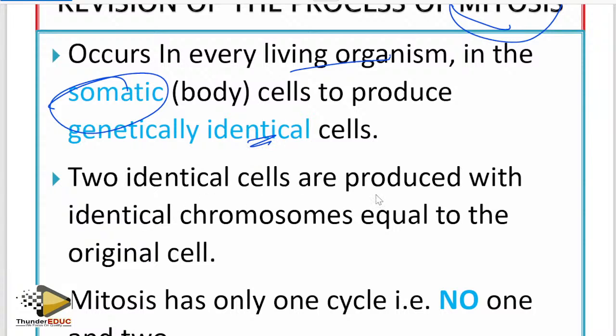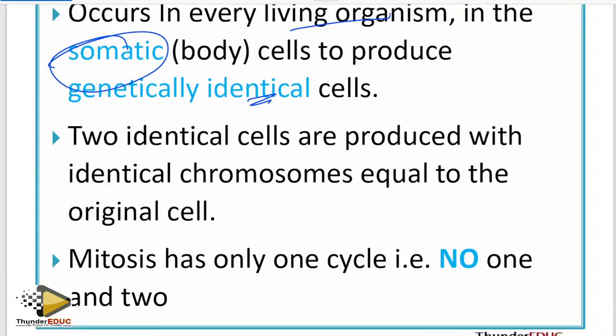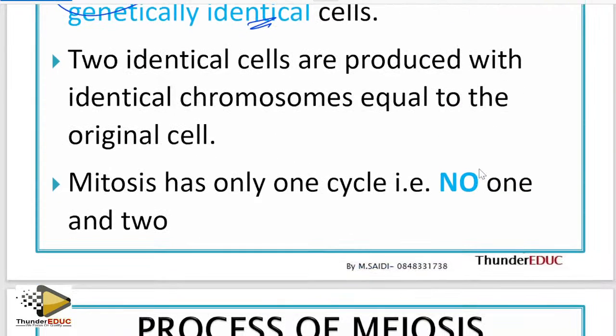So two identical cells are produced with an identical number of chromosomes, and these chromosomes are exactly the same as the parent. Mitosis has only one cycle. It doesn't have mitosis 1 and mitosis 2. So now we are busy generating the difference between meiosis and mitosis.